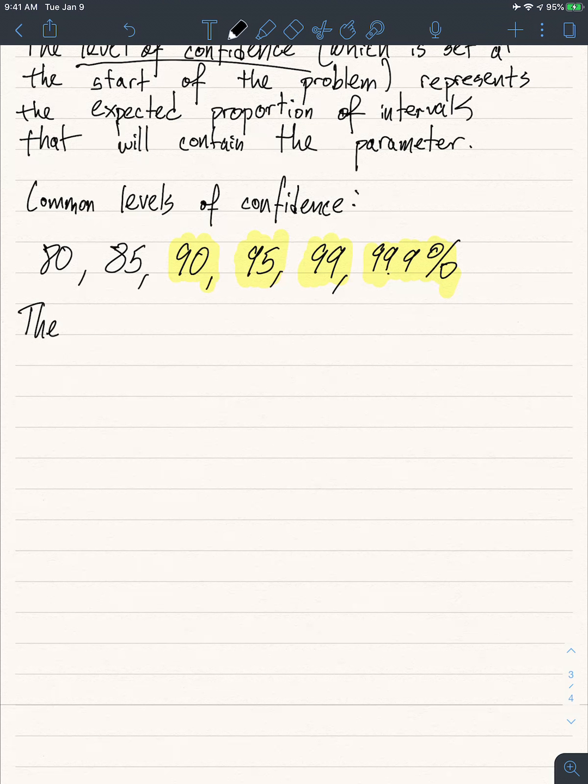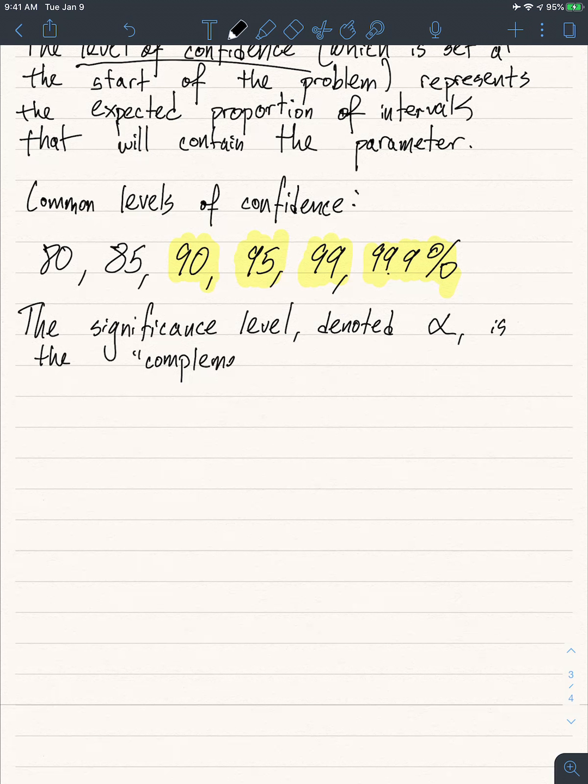The significance level, denoted alpha, it's a Greek letter again, is the, let's say, complement of the given confidence level.